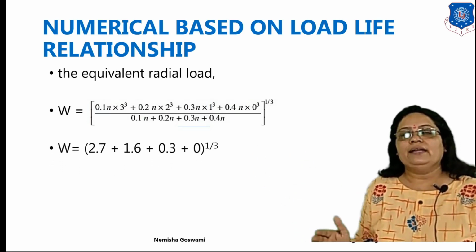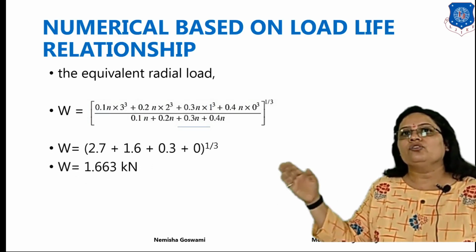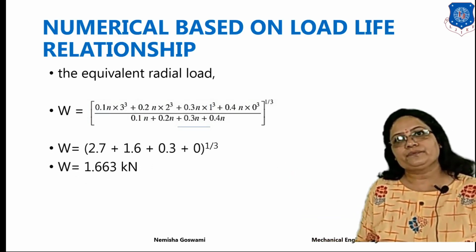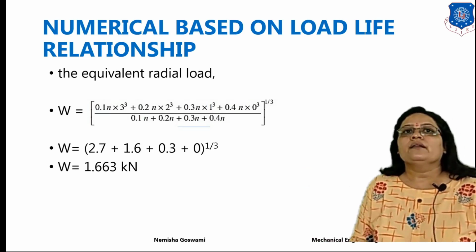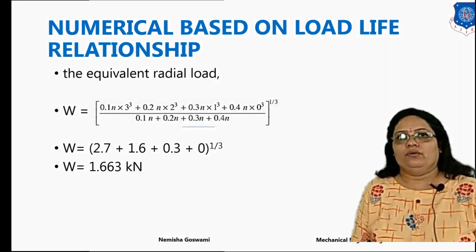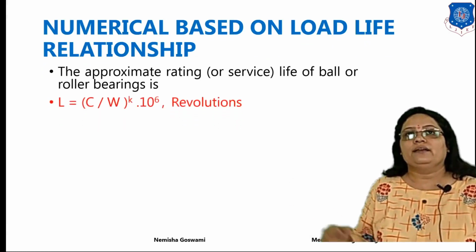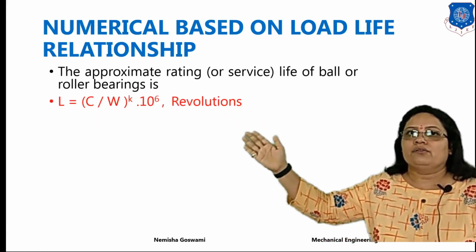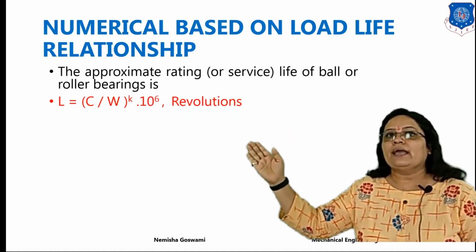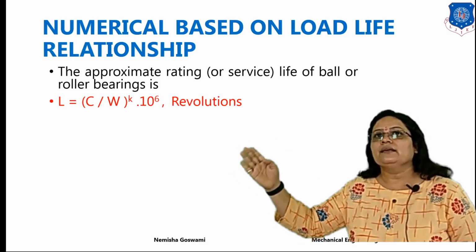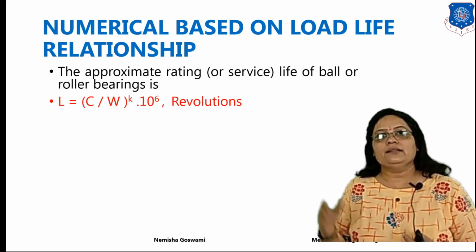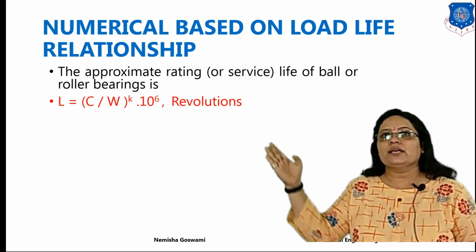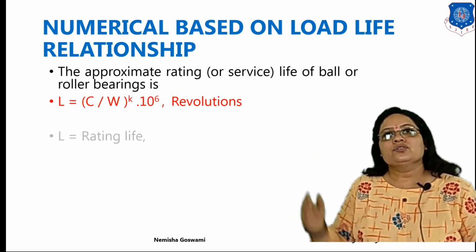So by finding the final answer, you will get the equivalent radial load equal to 1.663 kilonewton. Now how to find the dynamic load? You can find it using this standard equation: L is equal to C divided by W, power K. K is for a ball bearing, equal to 3, and L is 10 power 6 revolutions.